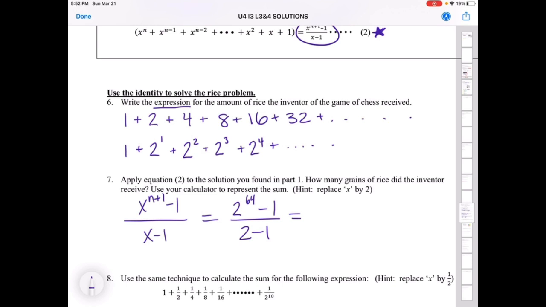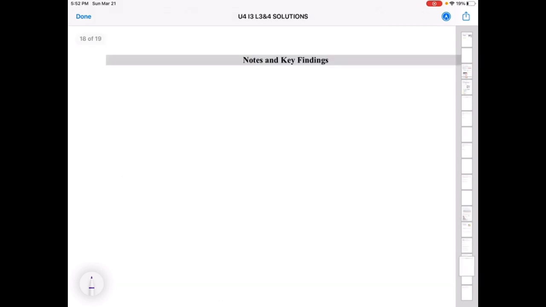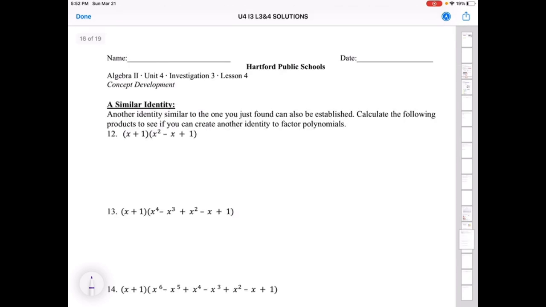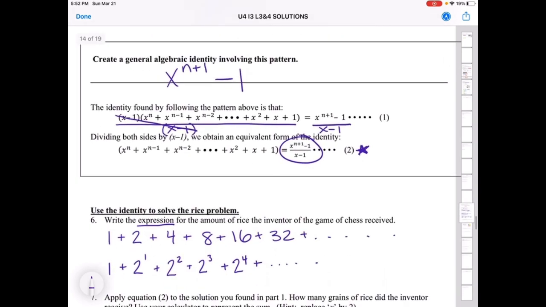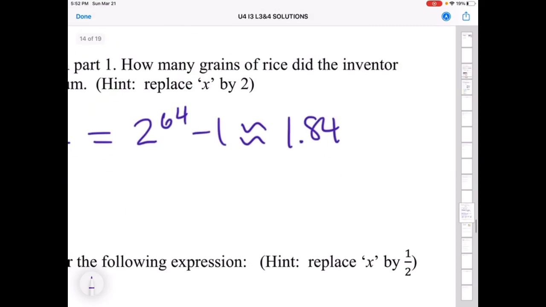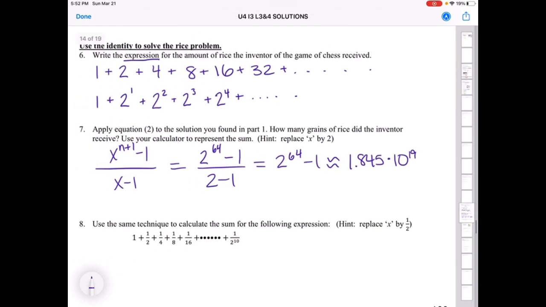And then if I simplify this further, I get 2 to the 64th minus 1, which is equivalent to approximately 1.845 times 10 to the 19th. So that's a very, very big number.